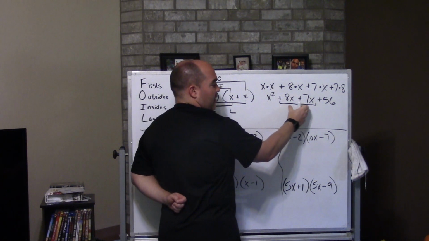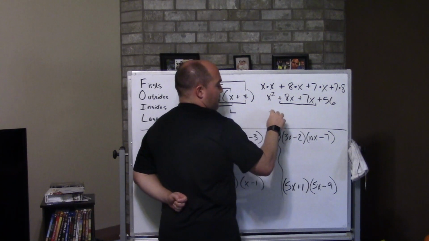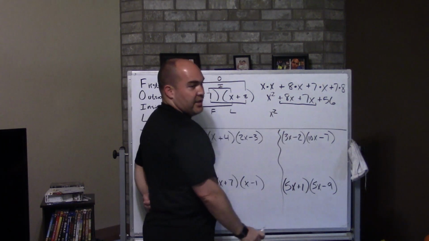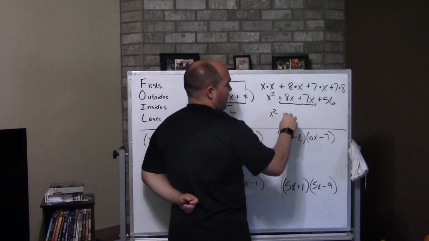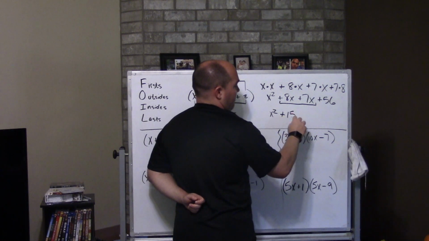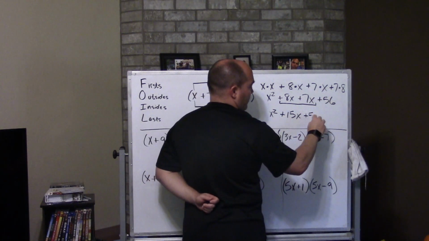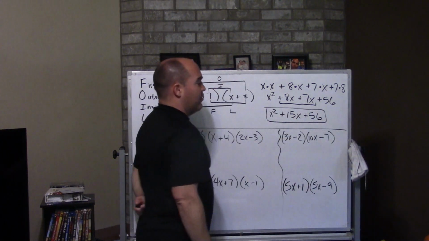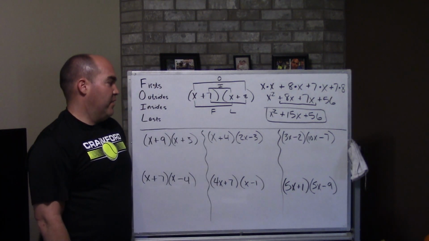And then just a number with an x is not a like term with a constant. So the x squared, I would just write it down. The 8x and the 7x are my like terms, so I'm going to add those together. So 8x plus 7x is 15x. And then I've got my 56. So this, x squared plus 15x plus 56 would be my answer.